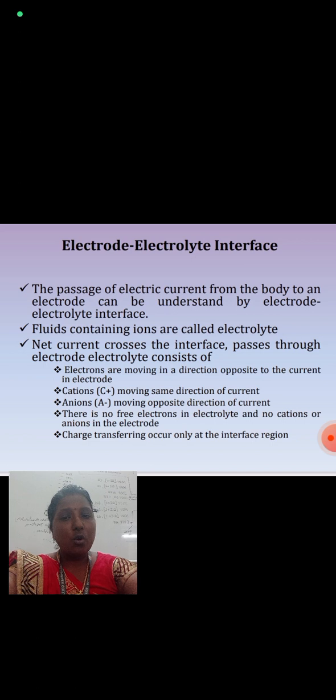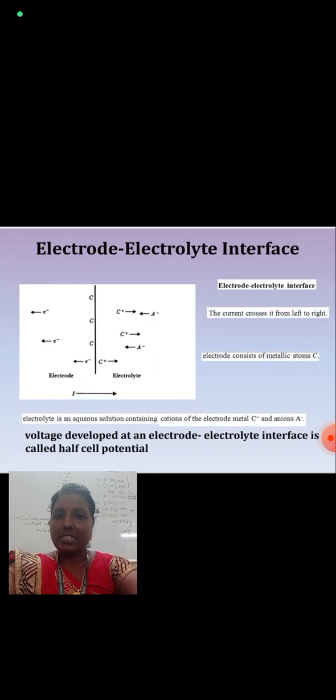There are no free electrons in the electrolyte and no cations or anions in the electrode. Now, charge transfer occurs at the interface region. The above said concept can be clearly explained with this diagram.